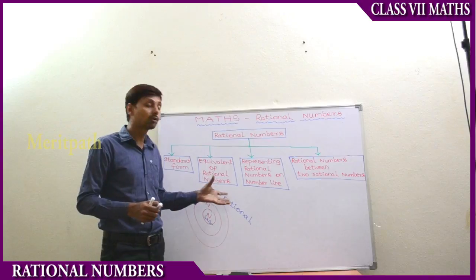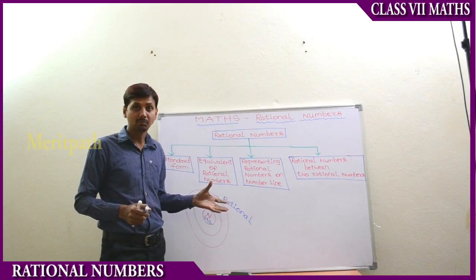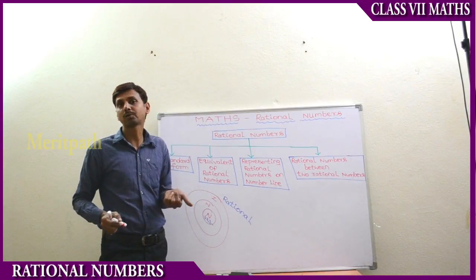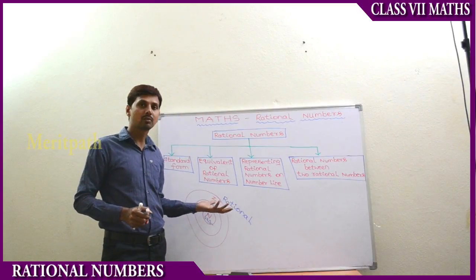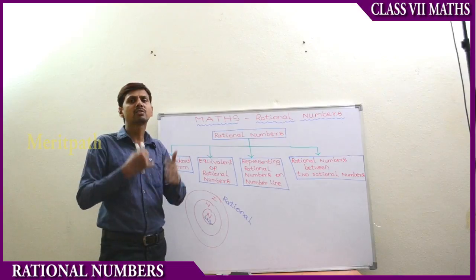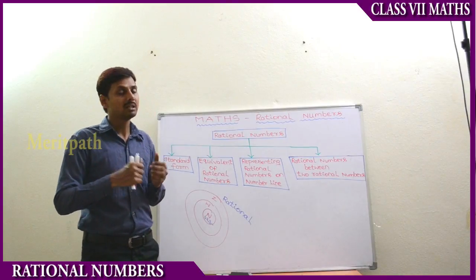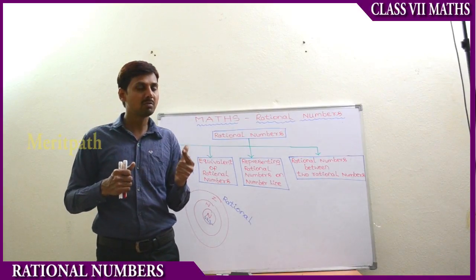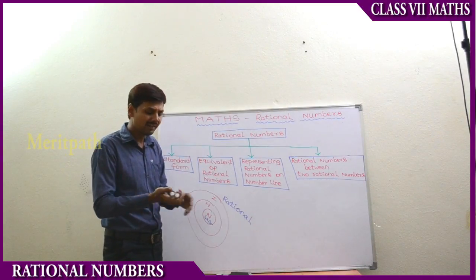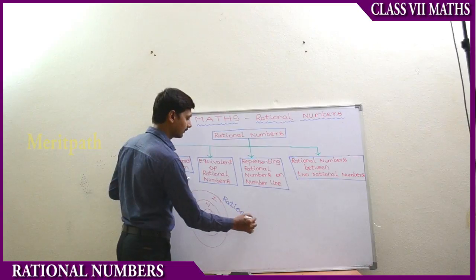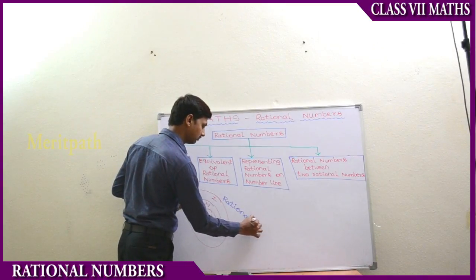All the natural numbers, whole numbers and integers are called rational numbers. All together, the set of natural numbers, whole numbers and integers are called rational numbers, and rational numbers are denoted by capital Q.